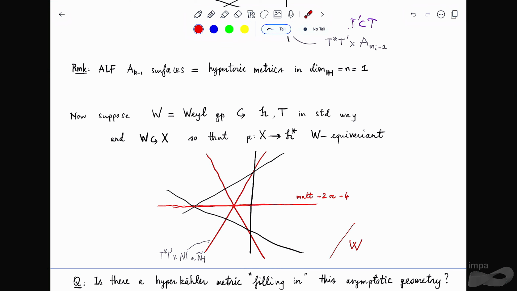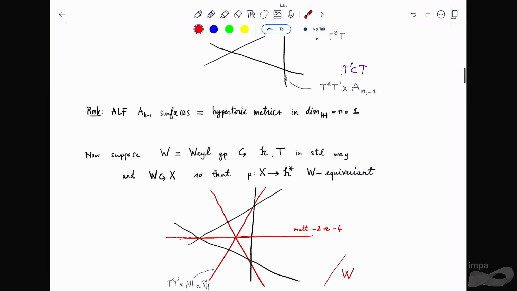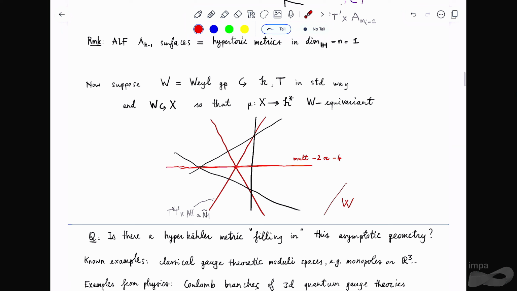And then in the same way that here, transverse to a generic point of a black hyperplane, we had a Gibbons-Hawking ALF space, we could imagine that at a generic point of one of these fixed hyperplanes, we have a transverse geometry that is the one of a Taub-NUT or its double cover.